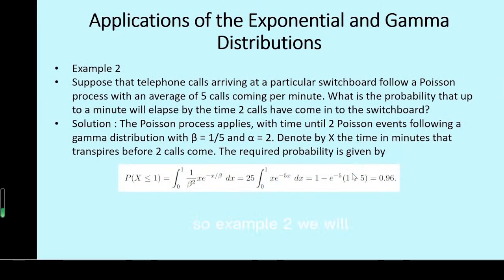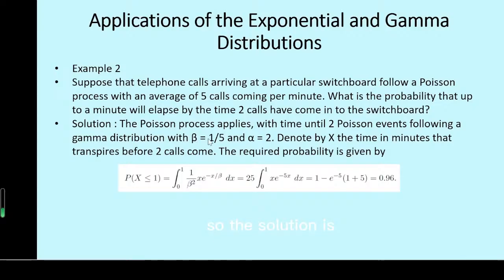So for example 2, we will use the gamma distribution. The problem is: suppose that telephone calls arriving at a particular switchboard follow a Poisson process with an average of 5 calls coming per minute. What is the probability that up to a minute will elapse by the time 2 calls have come to the switchboard?